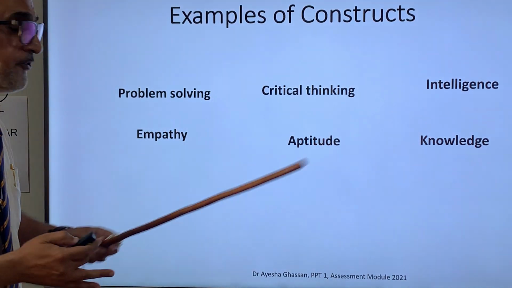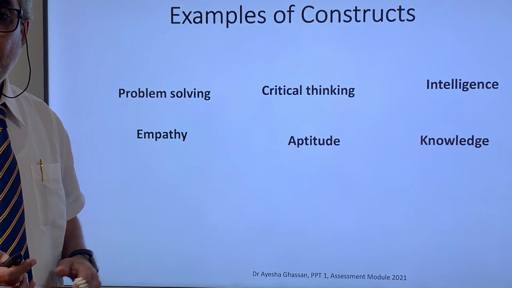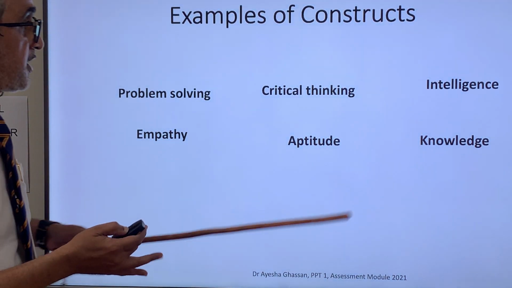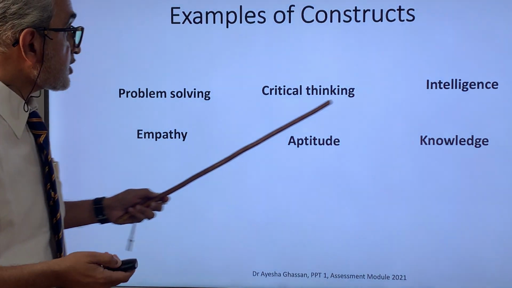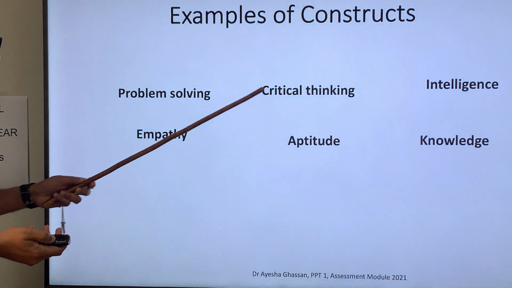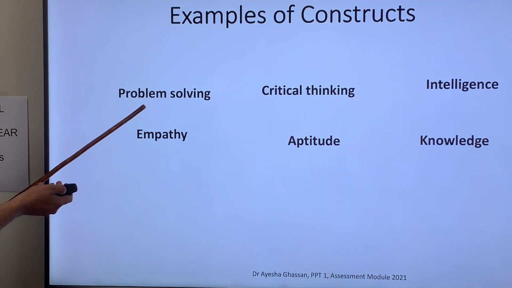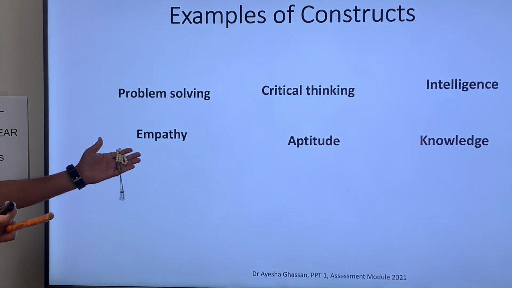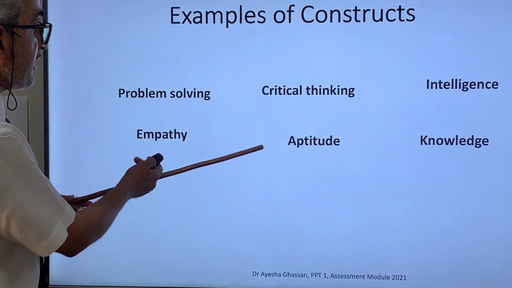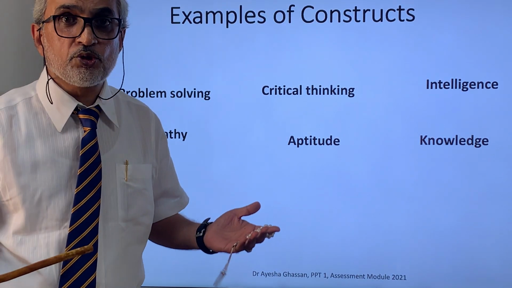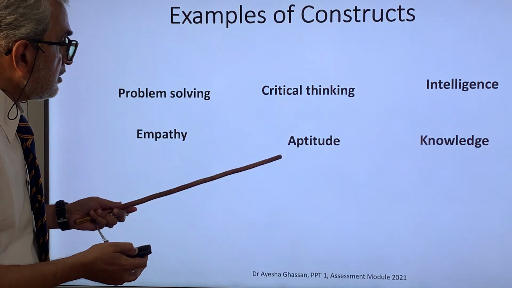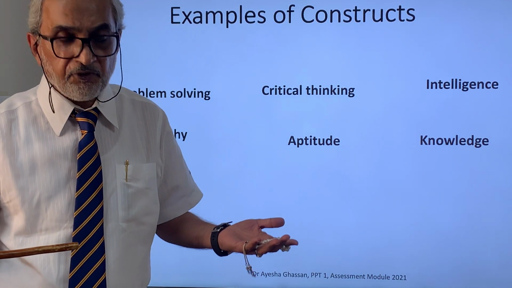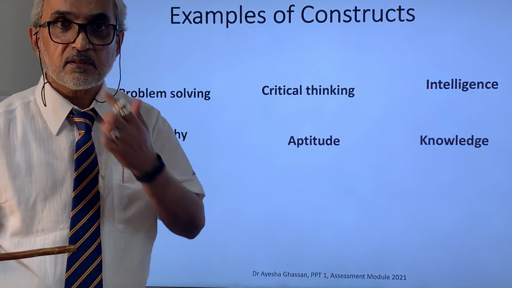But they can be inferred by seeing their behavior, that somebody has knowledge or not, somebody is intelligent or not, somebody is critically thinking, somebody has a problem solving ability, somebody shows empathy when talking to a student, somebody has a good attitude of learning, good attitude of performing, aptitude.